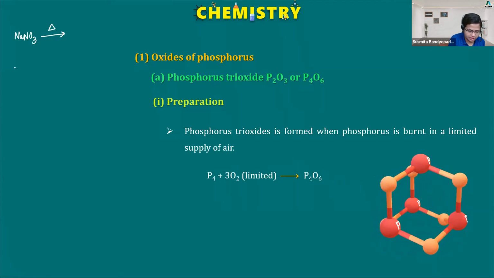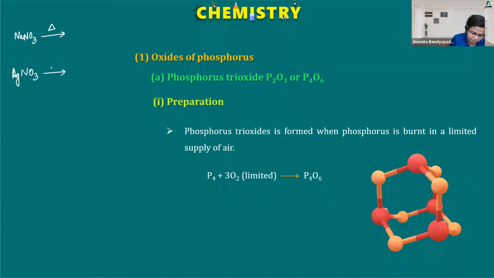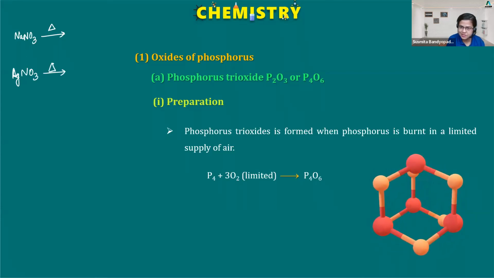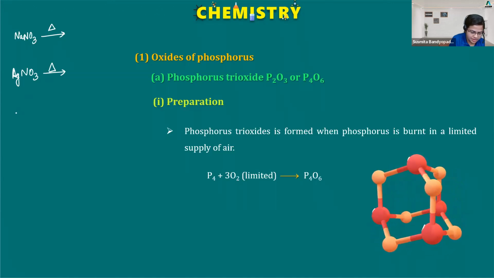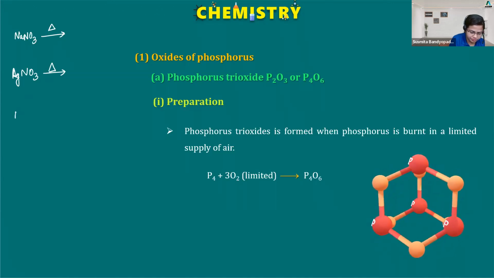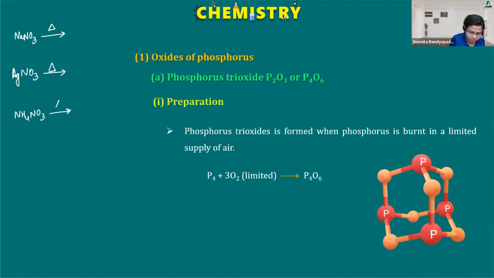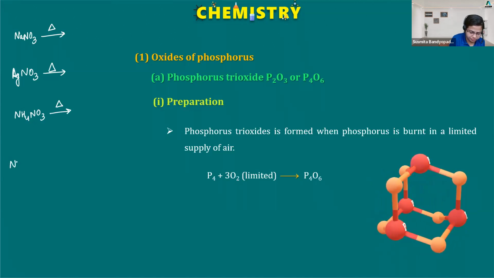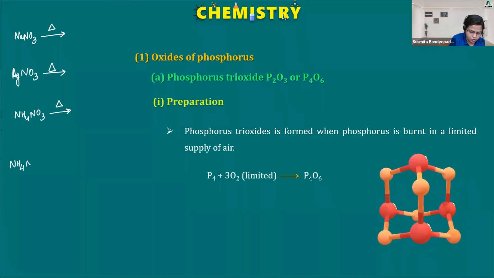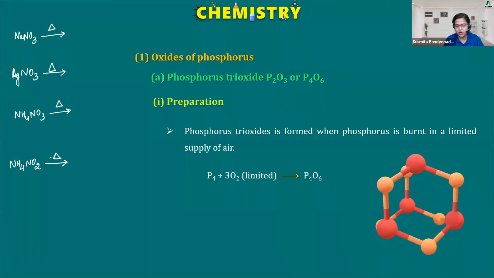What do you get? AgNO3. Again heat it. What else? I will give you NH4NO3 and NH4NO2. We discussed some of these yesterday also.